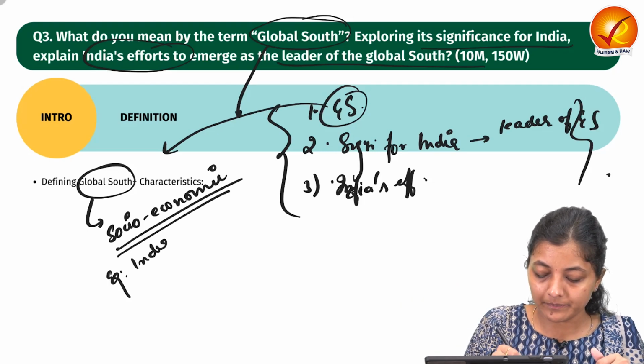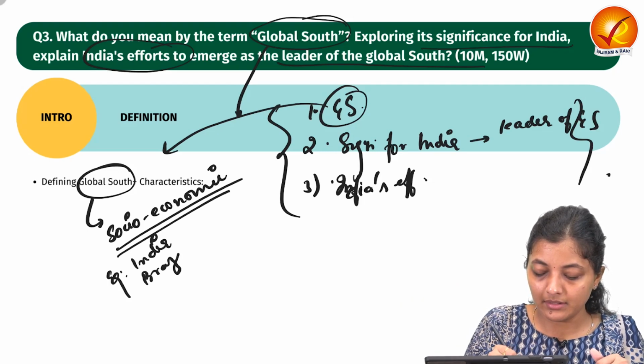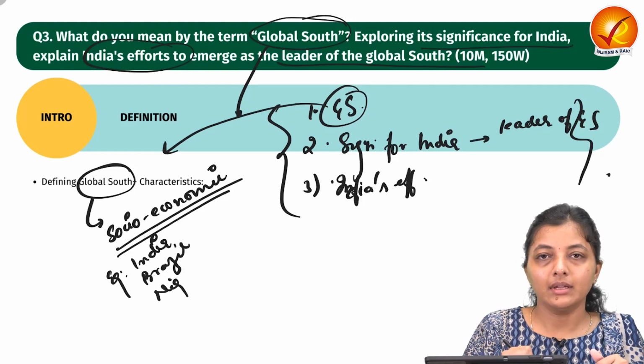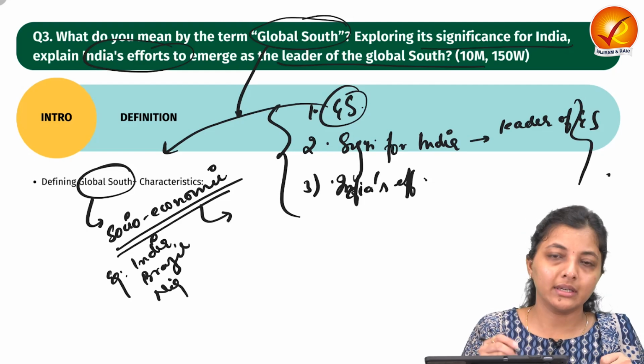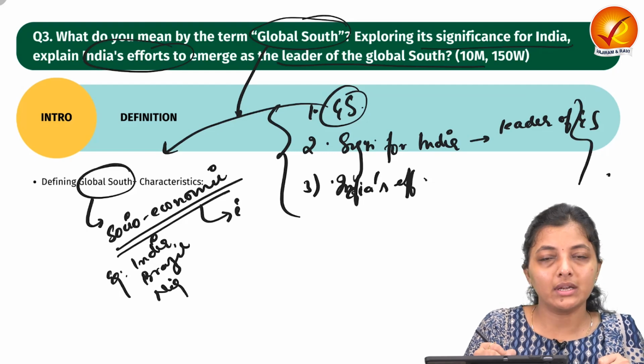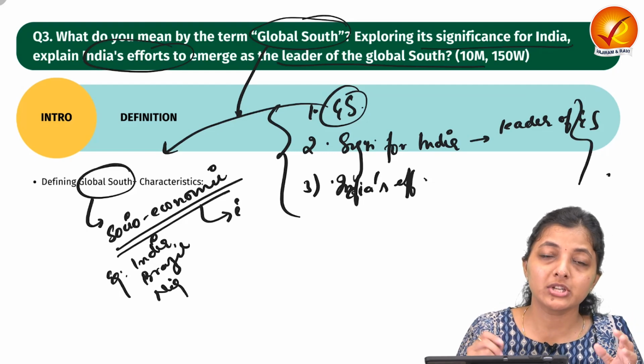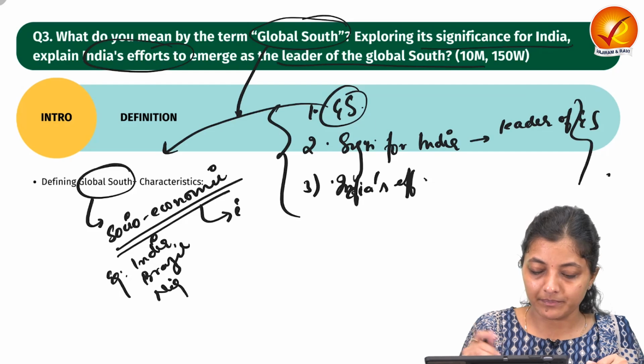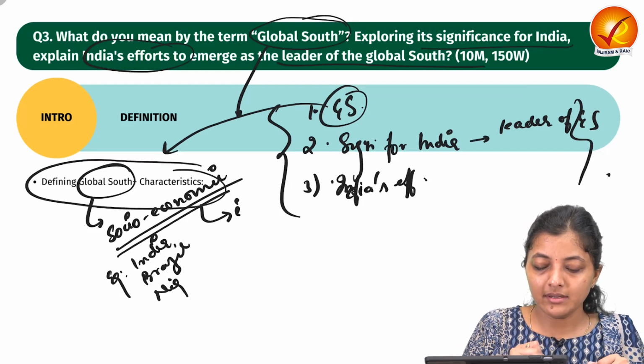Examples are India, Brazil, Nigeria, etc. And what are the socio-economic conditions? Income inequalities, poverty, unemployment, and challenging living conditions. So this is the introduction.